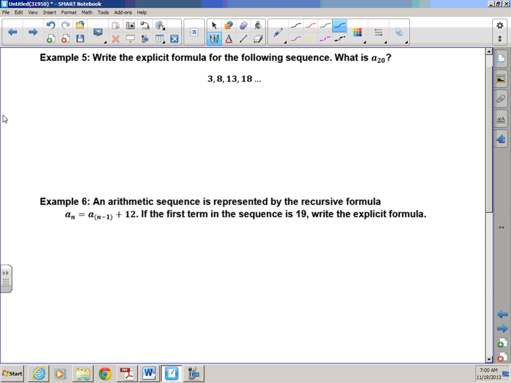So, I look at this sequence, and I see that D is 5, and I want to find the 20th number. How would I do that? The formula is, and I'll put it up here, A n equals the first number plus n minus 1 times D. The first number in my sequence is 3. n minus 1 is 20 minus 1.